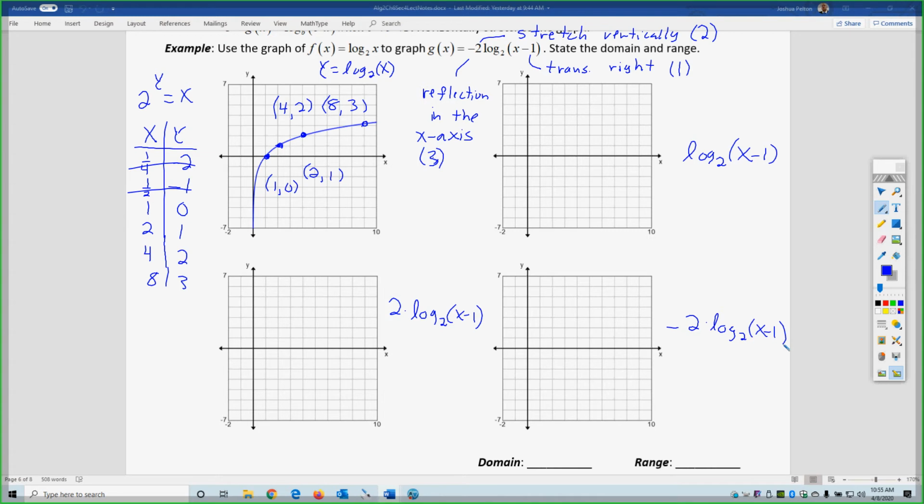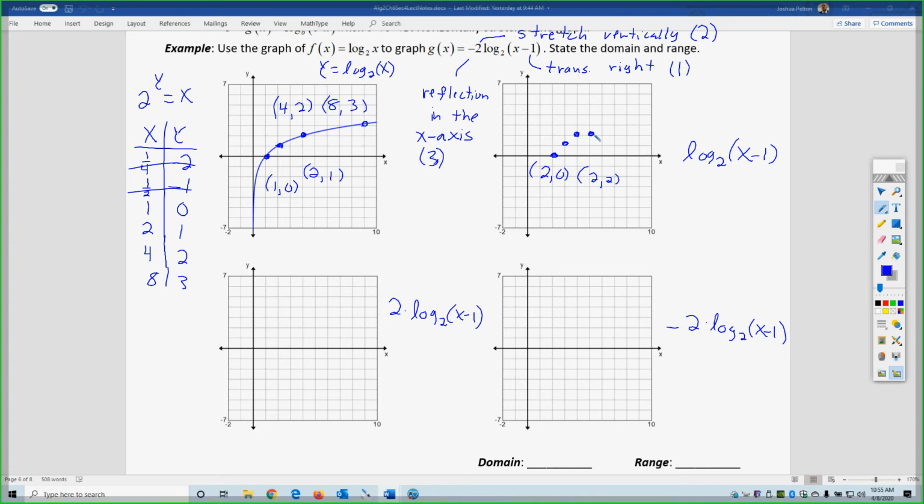First I need to move all the coordinates to the right 1 unit, so only the x value changes. So 1, 0 becomes 2, 0. The next coordinate is 2, 1. Move that to the right one, it becomes 3, 1. The next coordinate in the list is 4, 2.